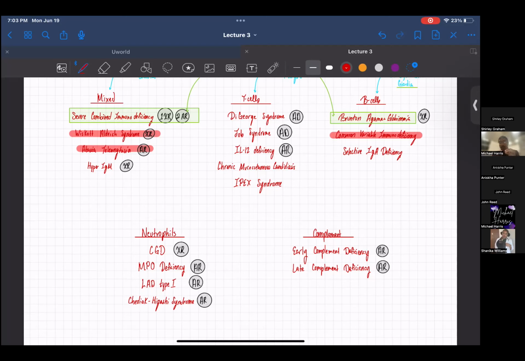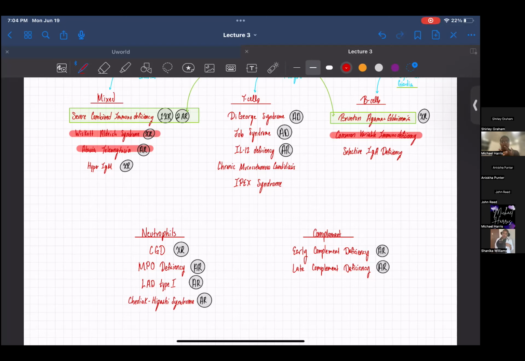This is how you're going to attack these questions pertaining to these different deficiencies. Because every one of these patients is going to show up with recurrent infections. All of them are going to show up as little kids or young adults.